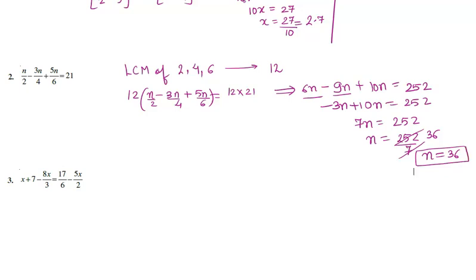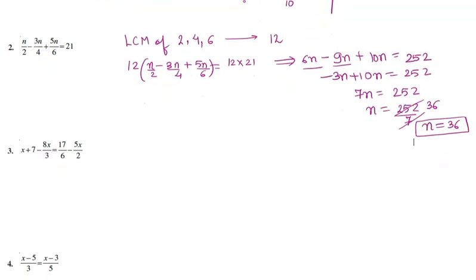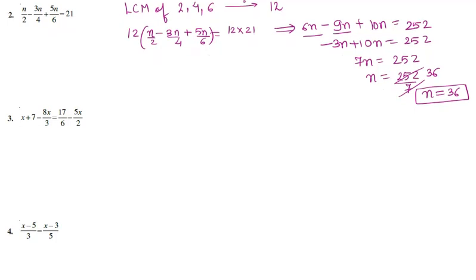Let us move to the third question now. The third question is, again, if you could see, there are denominators. So let us first find out the LCM of 3, 6 and 2. So the LCM of 3, 6 and 2 will be 6. Let us multiply with 6 on both the sides.